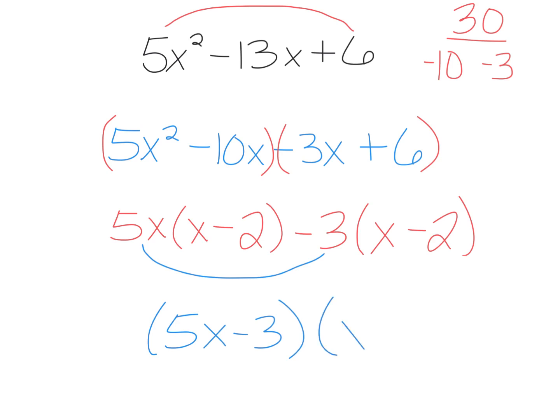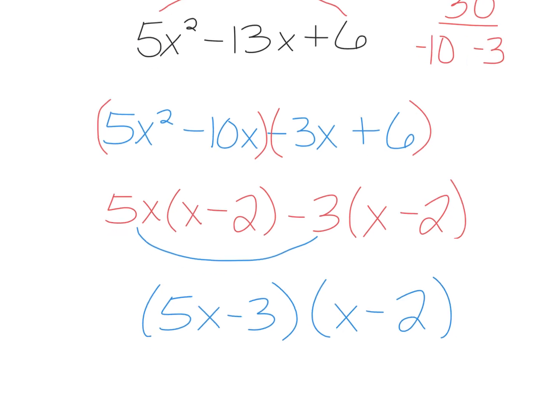Since they're the same, we only need one of those. So once you get to this step and you notice they're the same, you know that's one of your factors. And then the numbers you have left are your other factor. This is your answer.